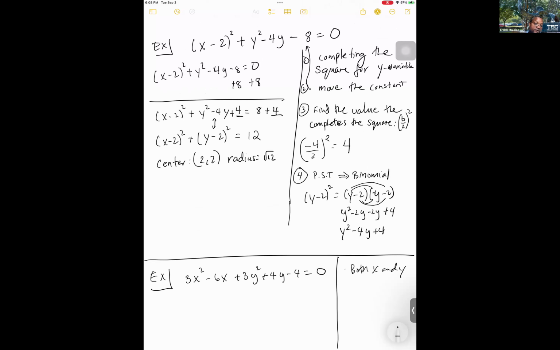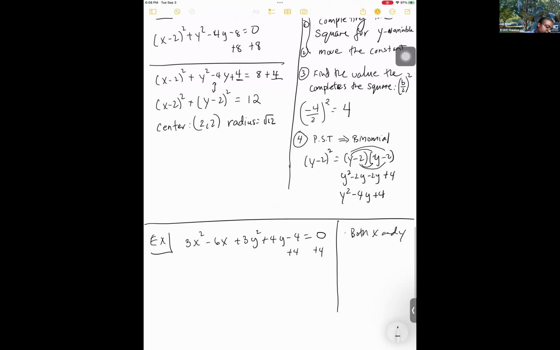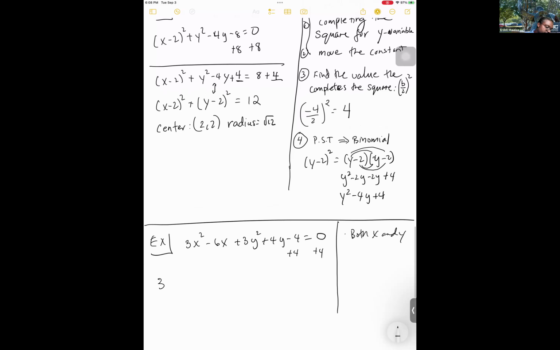Okay? So I have made that decision. My next step, step number 2, is to move the constant over. And so I'm going to add 4 to both sides. Plus 4, plus 4. And so that leaves me with 3x squared minus 6x plus 3y squared plus 4y equals 4.